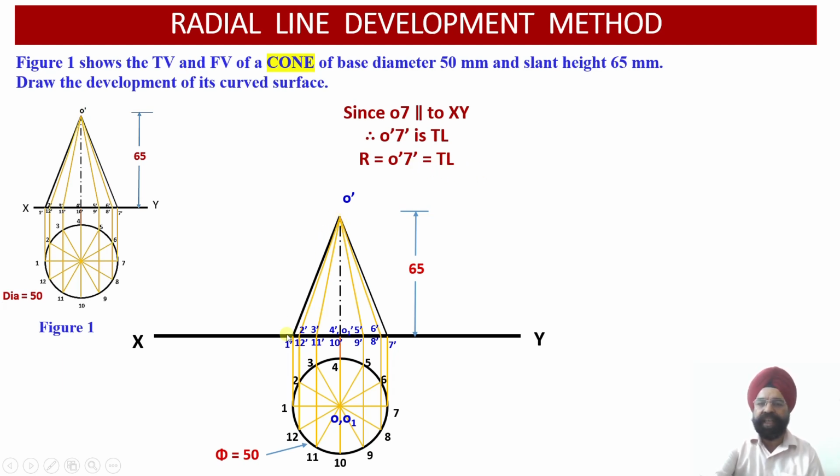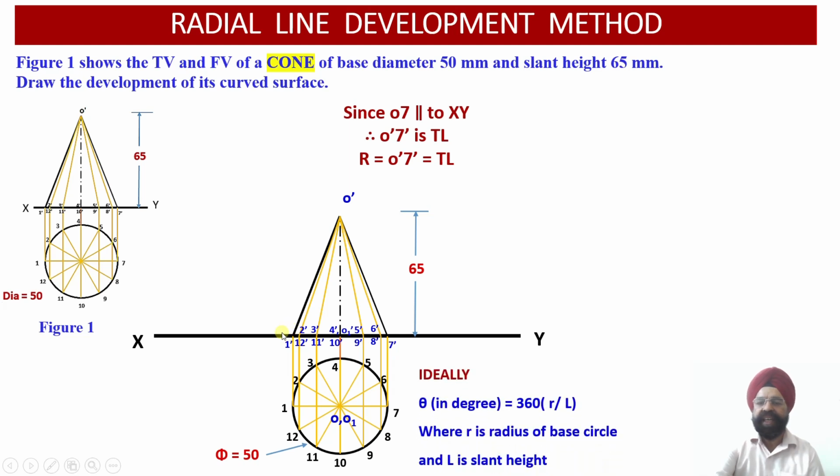So I know the radius. Now once I know the radius, I have to draw the arc over there. And another thing I need to understand, because we know that the development of a cone will basically be a sector of an arc in which the theta, that is the included angle of that arc, should be 360 multiplied by r by L.